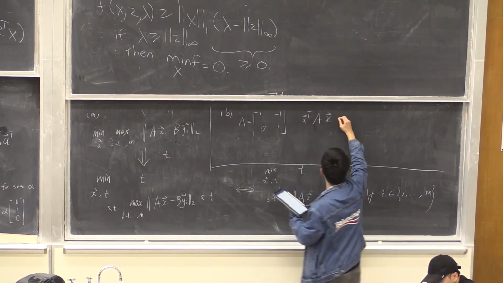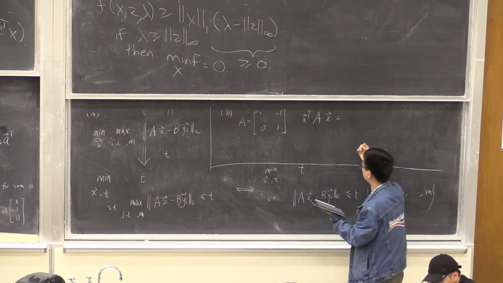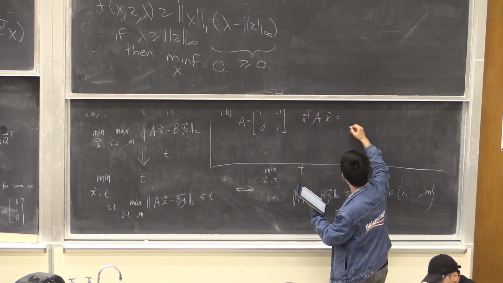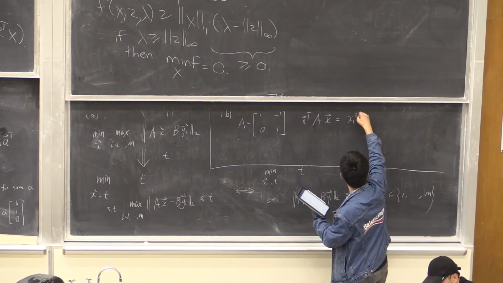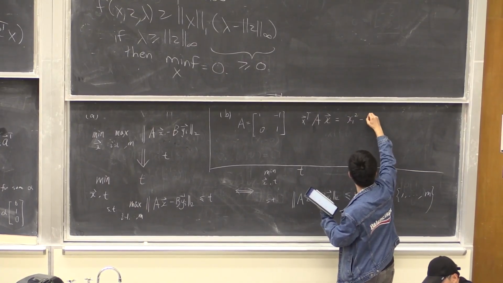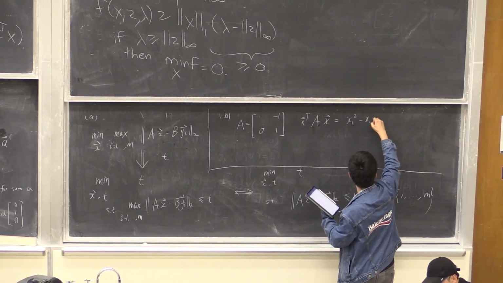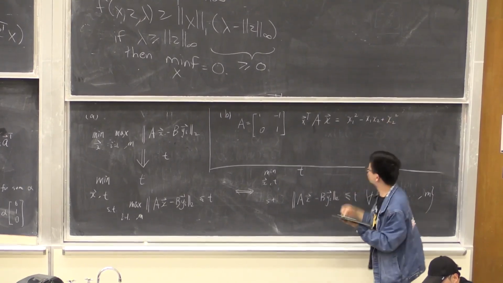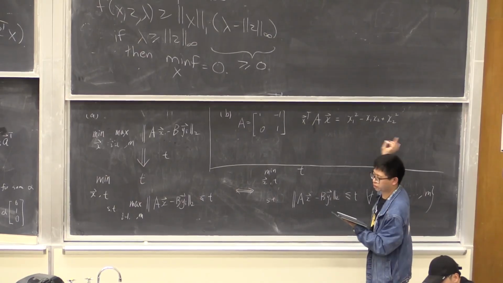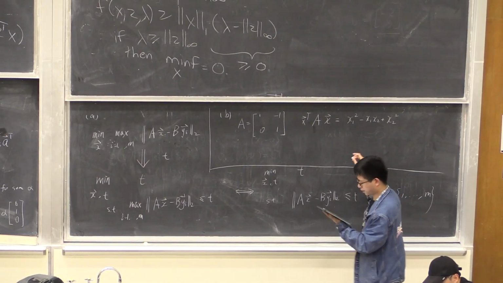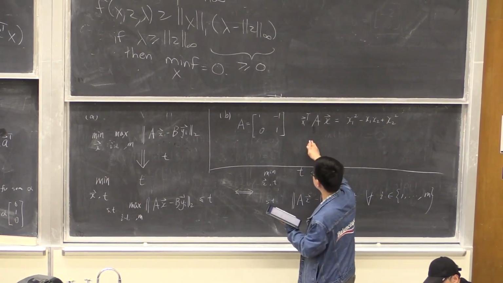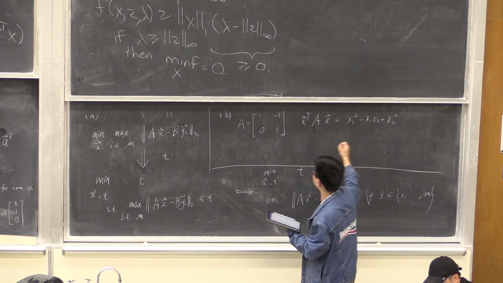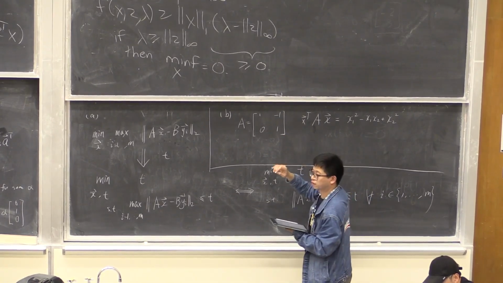If you fully expand it, x1 squared minus x1 x2 plus x2 squared, and this is actually a very symmetric format, right? And so the hint is saying we can write it in a symmetric format, right?